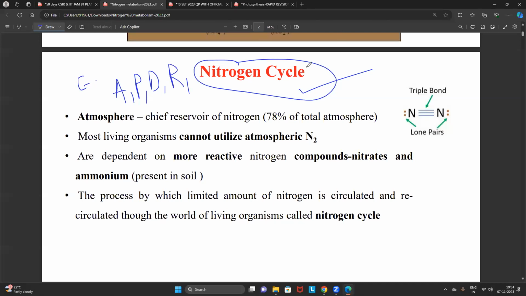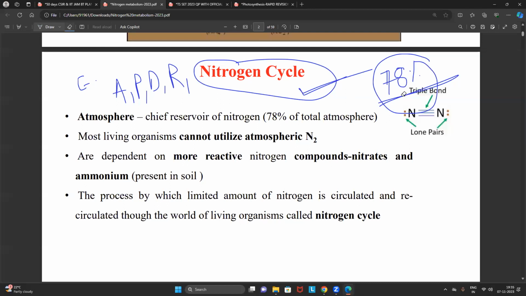Multiple organic molecules depend exclusively on nitrogen. But what is the extreme disadvantage of this particular nitrogen? We all know the nitrogen present in the atmosphere is 78%. A huge percent of nitrogen is present.